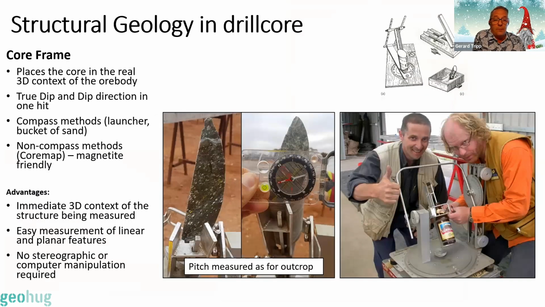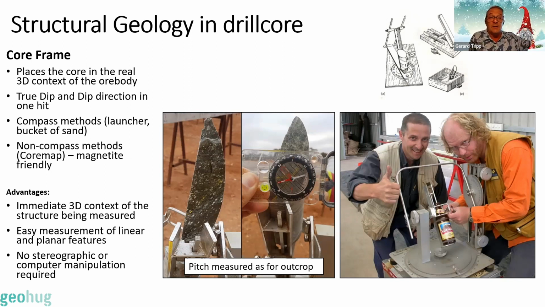The core frame is a really good one, because we can measure it with a compass. We get everything we want straight away, and most importantly, as we're moving down the drill hole and logging the core, we're actually getting a 3D picture in our heads of the structure, and the picture is building up as you're going down the hole, as opposed to taking alpha beta type readings and taking them back to the database.